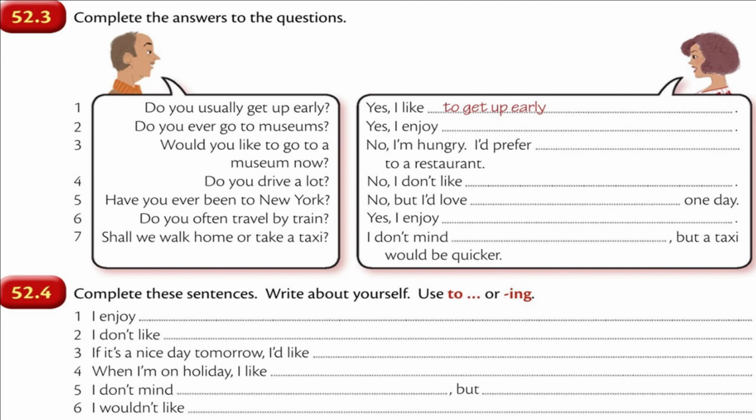If it's a nice day tomorrow, I would like to go to the beach. Number 4. When I am on holiday, I like to do very little. Number 5. I don't mind traveling alone, but I prefer to travel with somebody. Number 6. I wouldn't like to live in a big city.